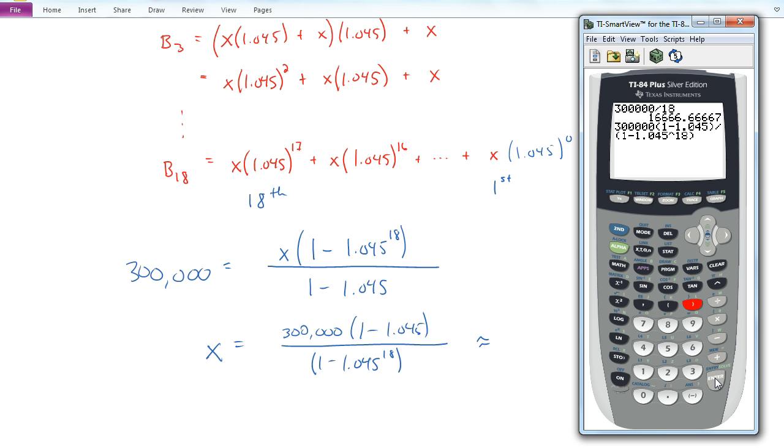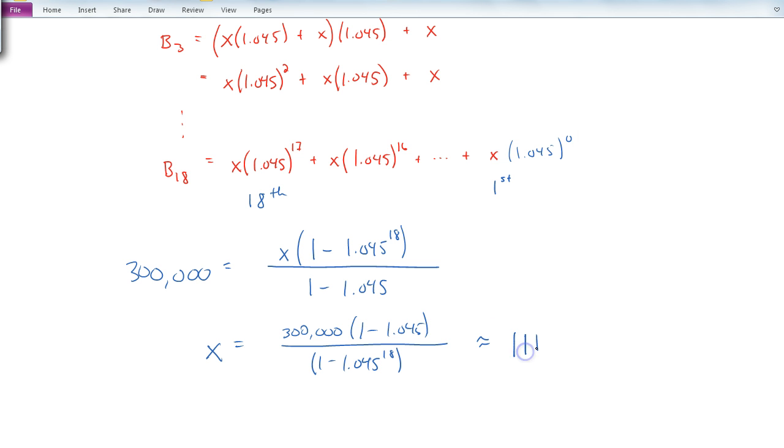Okay, this number hopefully should be a little less than 16,000. Good. It's quite a lot less. It's $11,171.07. So that's 11171.07.